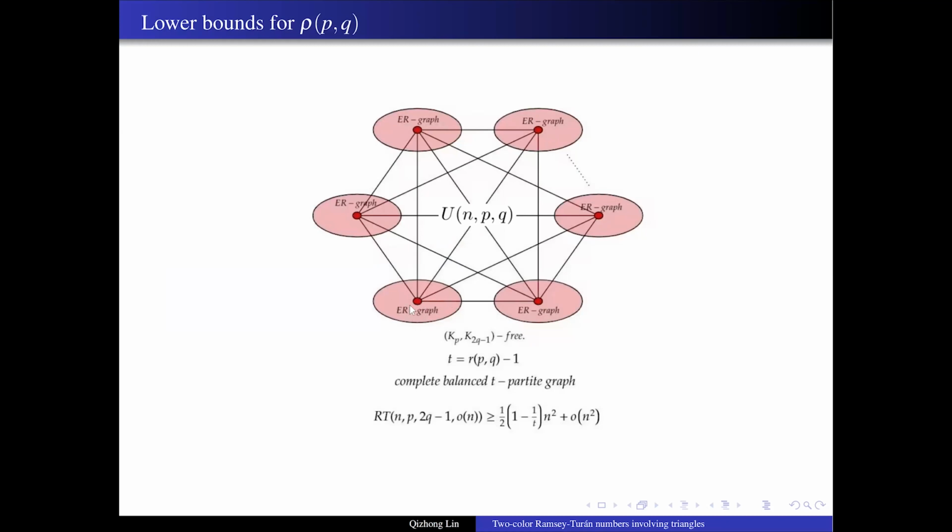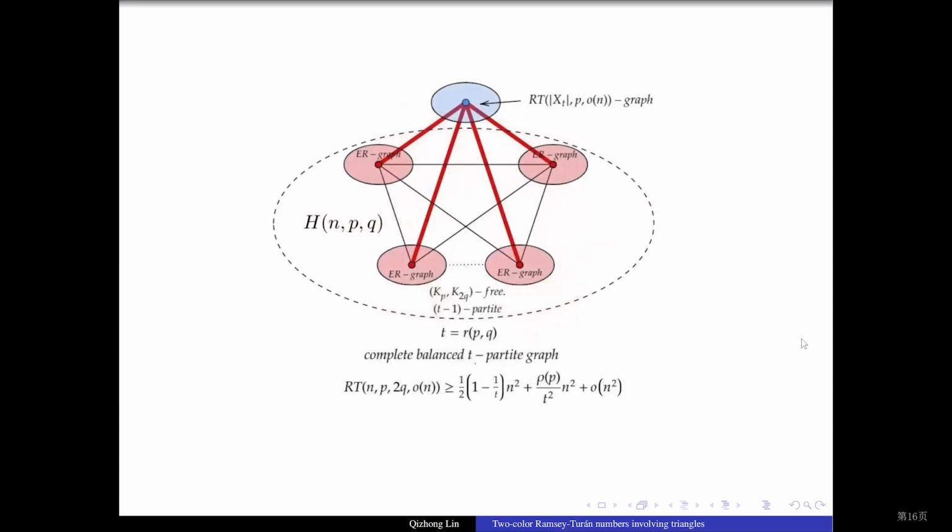Here, the red color corresponds to Kq. We always find a blue Kp or a red Kq.